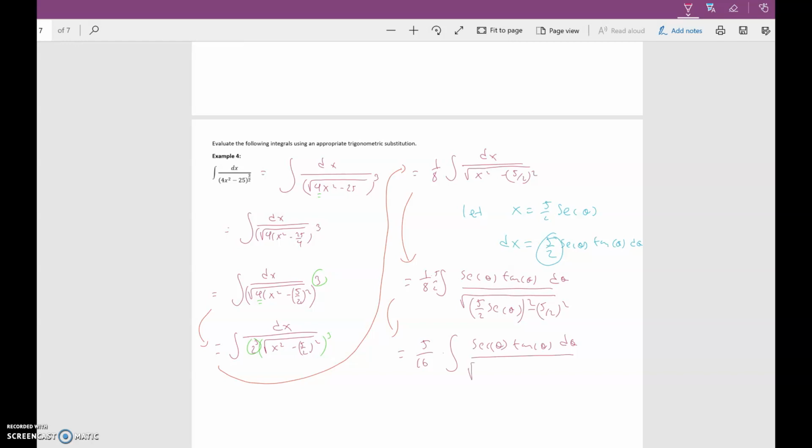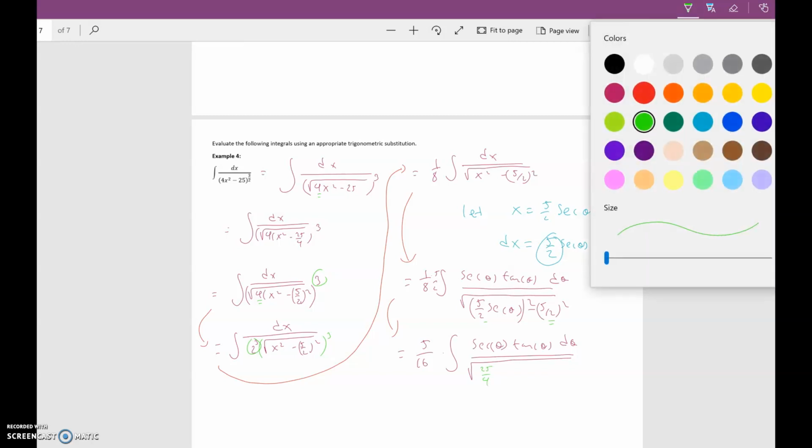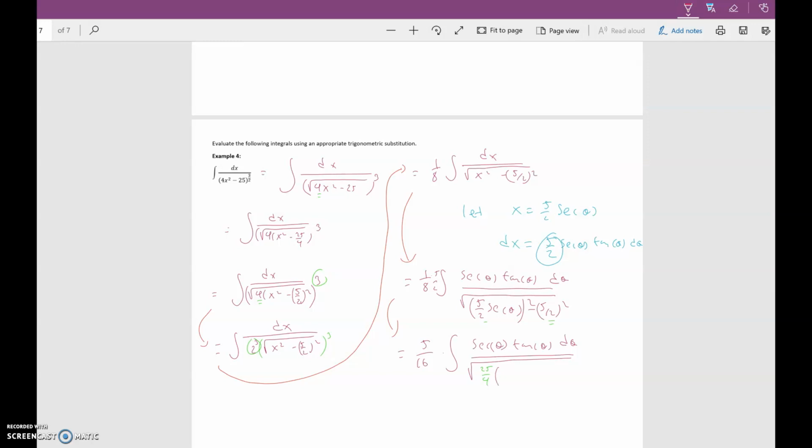So this is going to be the square root, and I'm extracting the 25 fourths from both of these terms so that we can use the identity. That's actually going to leave us with secant squared of theta minus 1 for this portion.